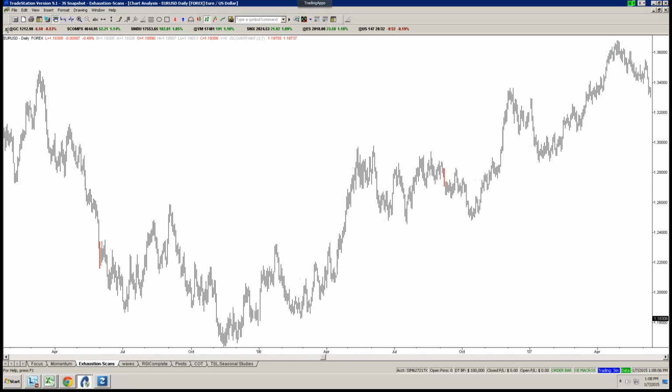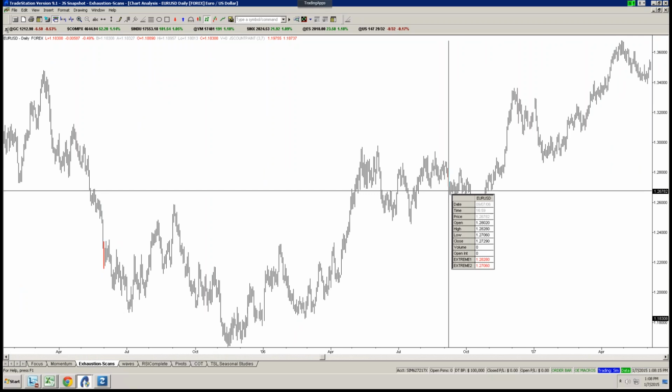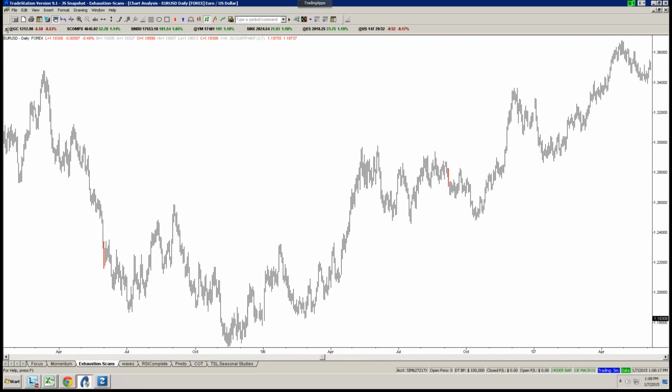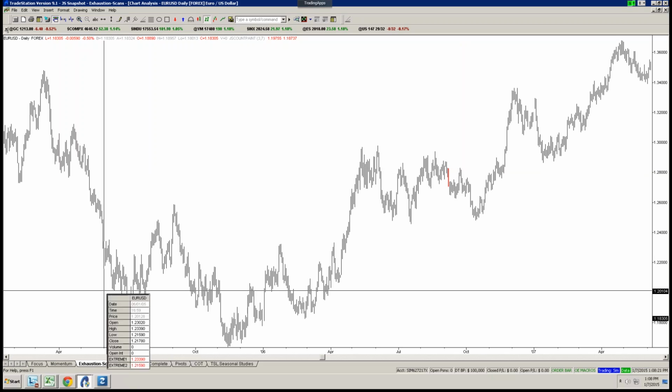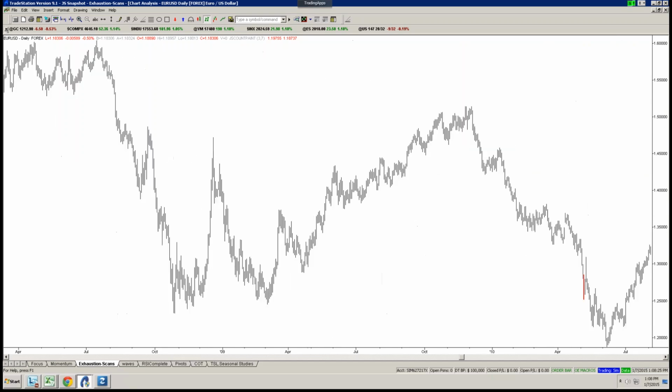This was a positive one. Again, it was kind of within a range market, actually not in a trend. All the down ones have occurred within pretty big trends, I should say, except for this one in November of 2006, within a range, nothing special.